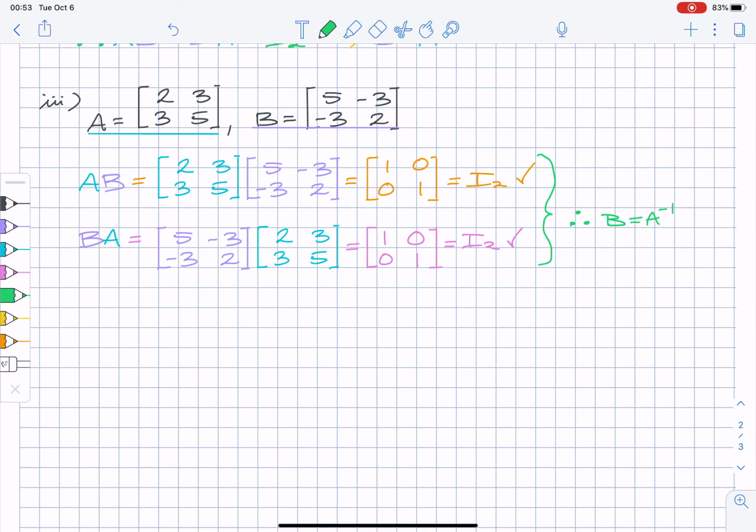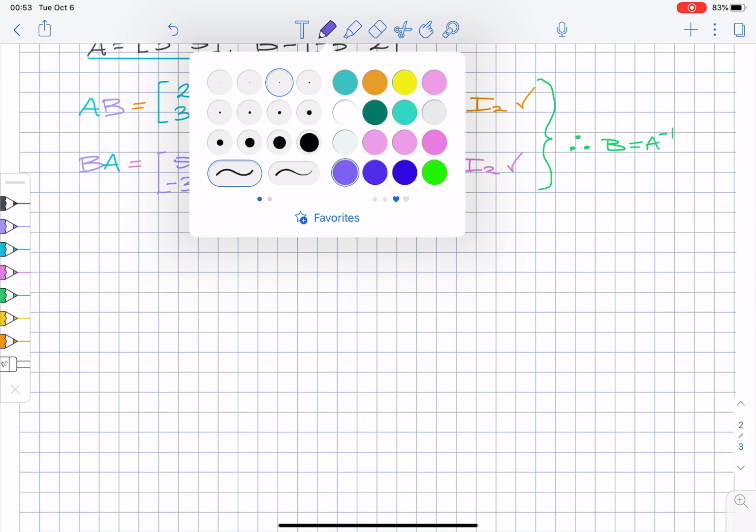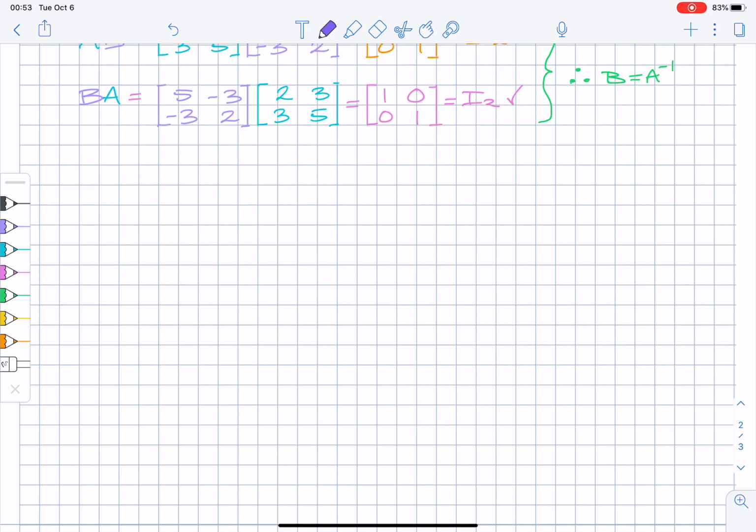Okay, so hopefully that makes sense. Okay, so now we've got some fun stuff to do. I'm only going to do, I think, one example of this, and then we'll do it an easier way, because this is a miserable way. So finding the inverse of an n by n matrix.